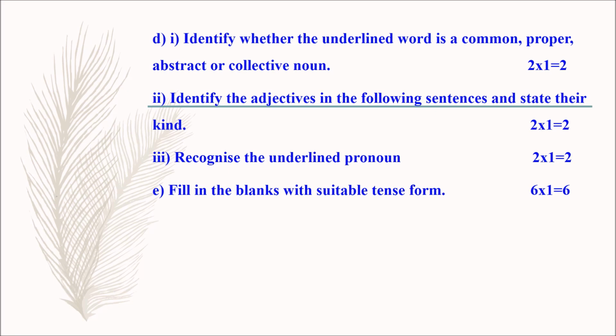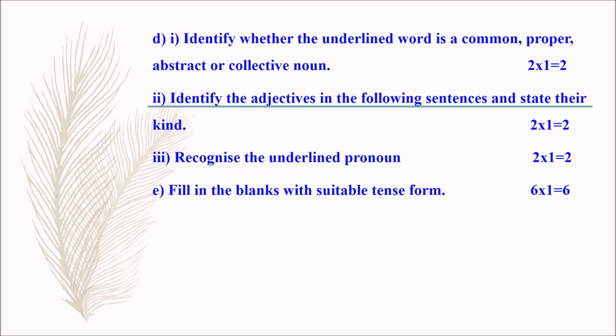Here also you will get 2 questions. Each question carries 1 mark. So totally 2 marks. Next one is recognize the underlined pronoun. Here also you will get 2 questions. Each question carries 1 mark. So totally 2 marks for pronouns.